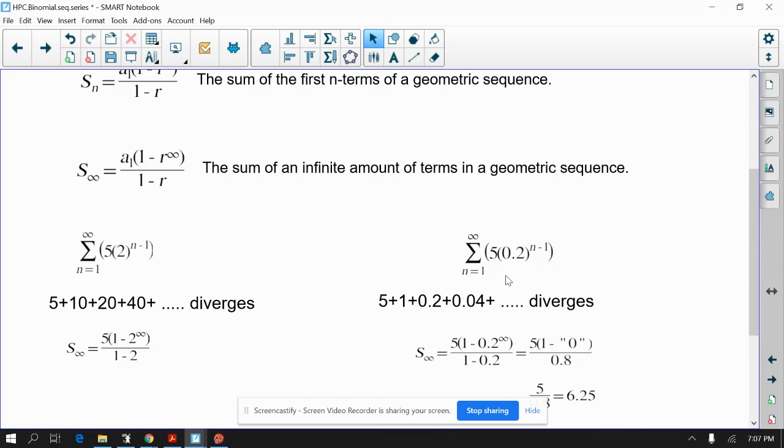But this one is different because the r value here is 0.2, and 0.2 raised to an infinitely large power is essentially 0. Because if you keep on multiplying something by 0.2, you're just taking 20% of what was left over. So you keep on taking 20% and 20%, because 0.2 is the same thing as 20%.